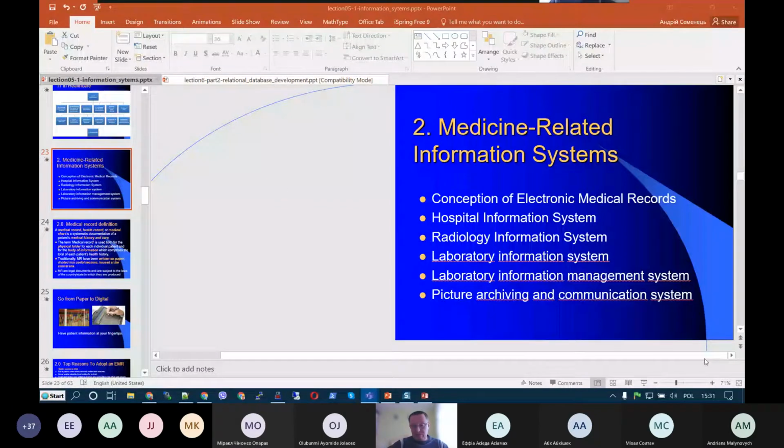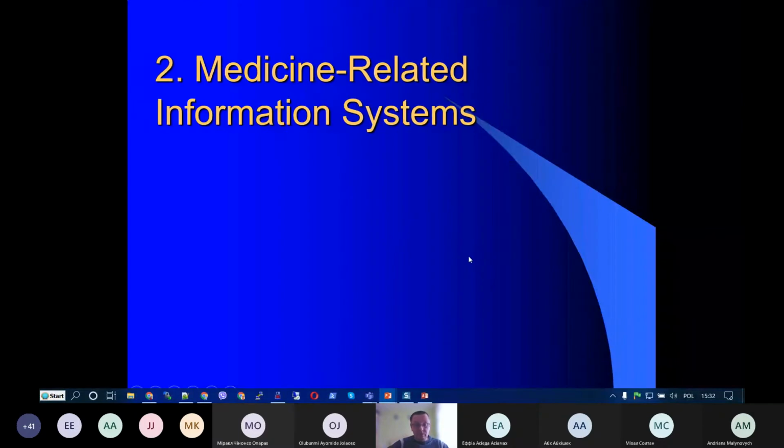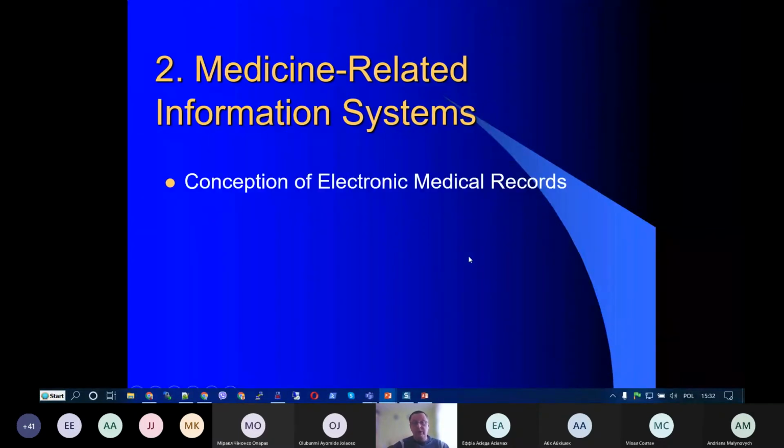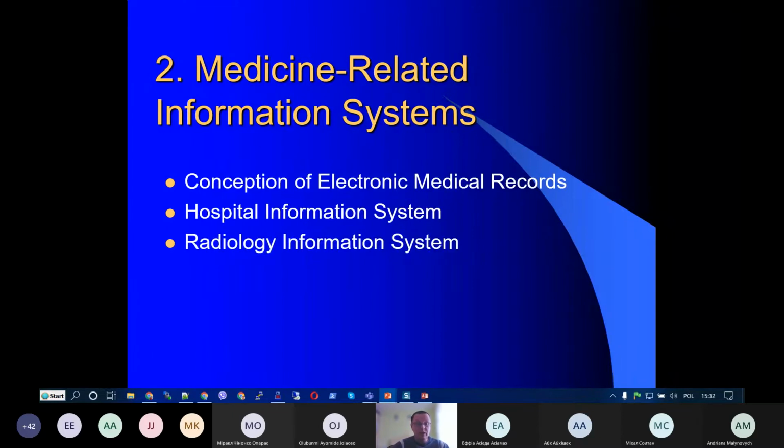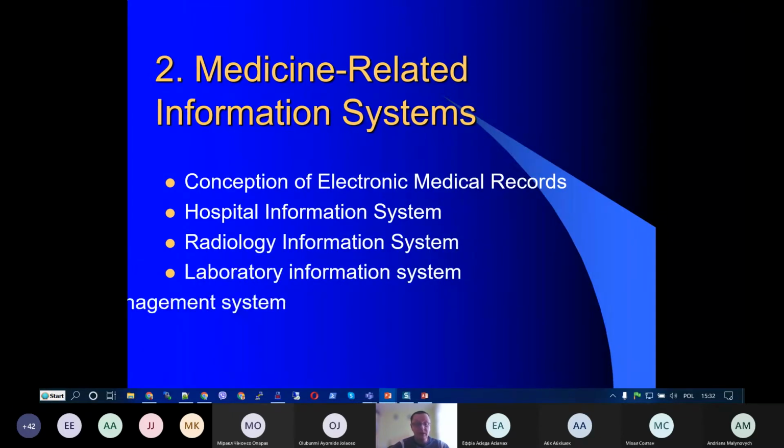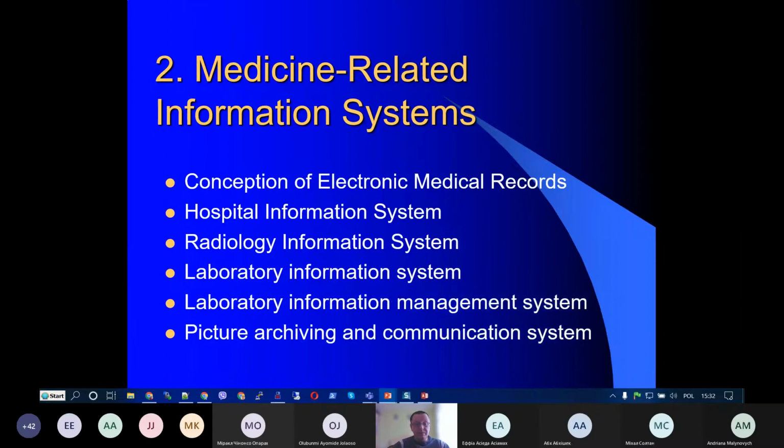So first of all, let's start with the second part of the topic from the previous lecture, which is about classification and usage of medical related information systems.